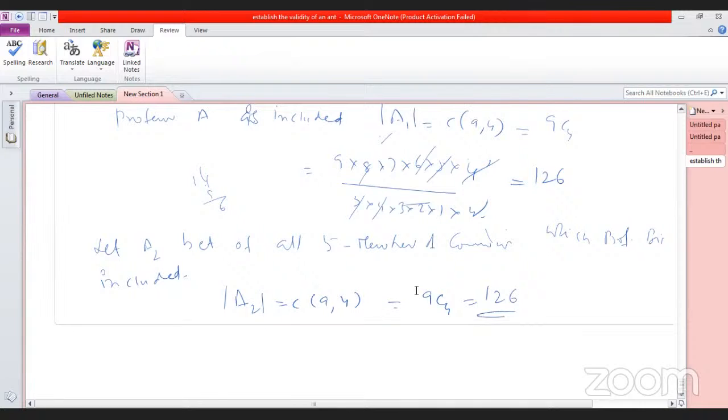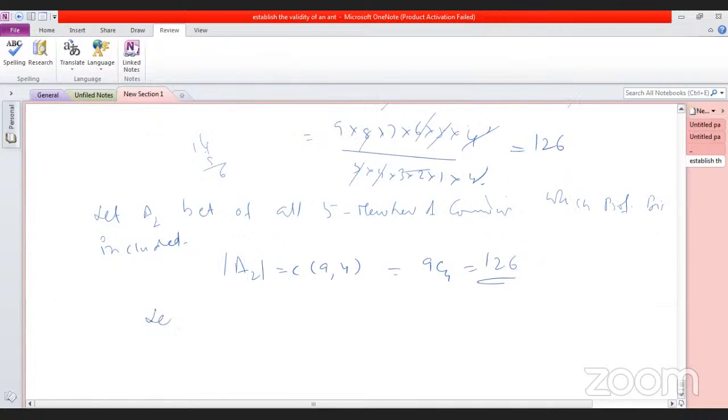Therefore, let A1 intersection A2 be the set of all 5-member committees in which both Professor A and Professor B are included.